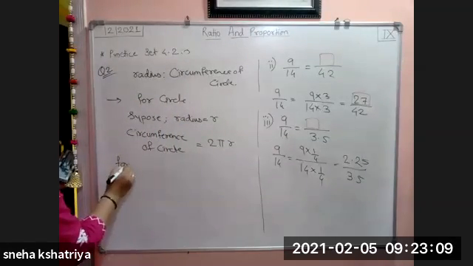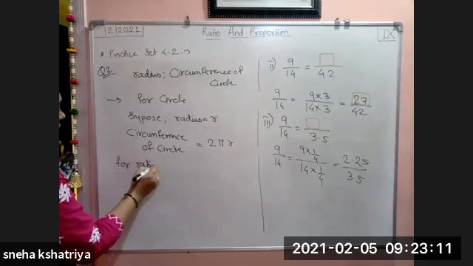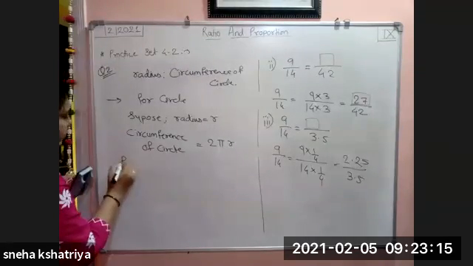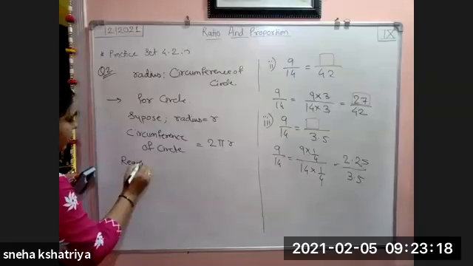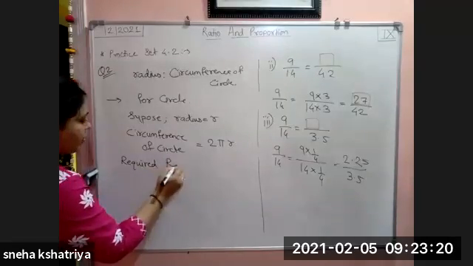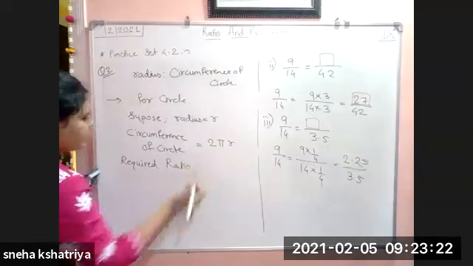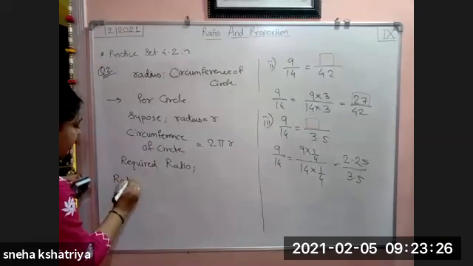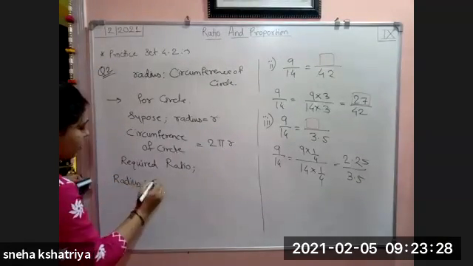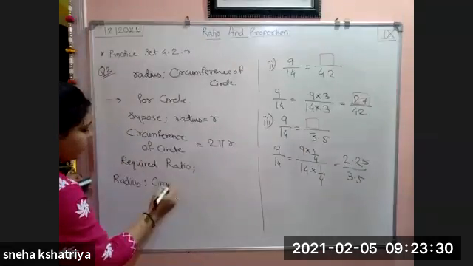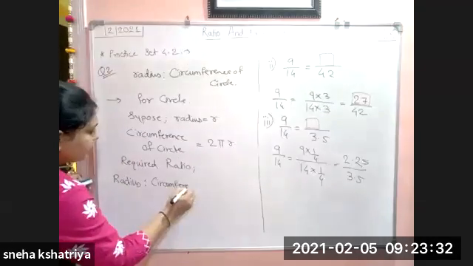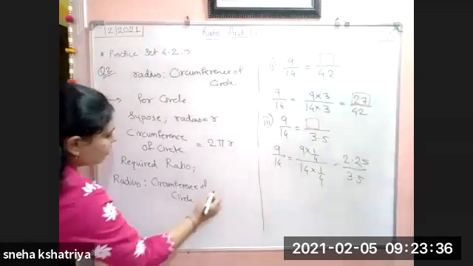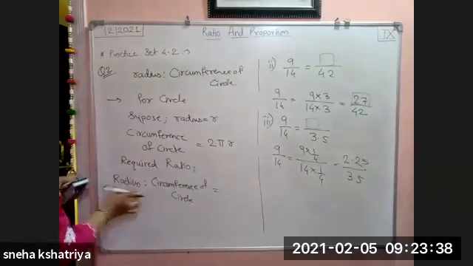For the ratio, you can write it like this, required ratio. What is the required ratio? It is the radius to the circumference of the circle, which is equal to, radius is how much?